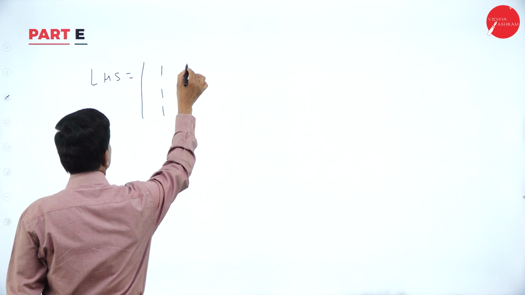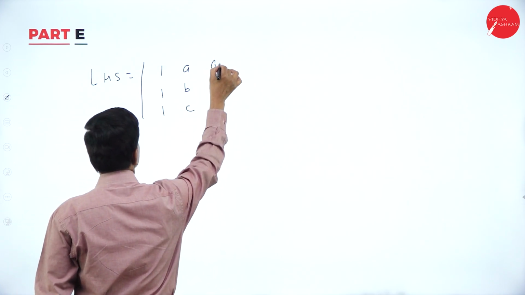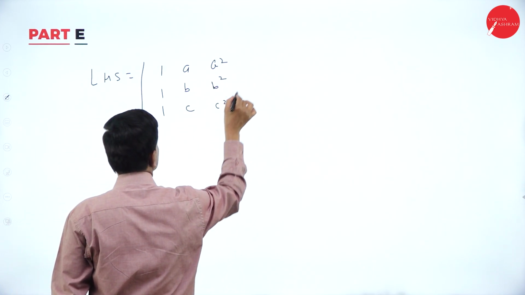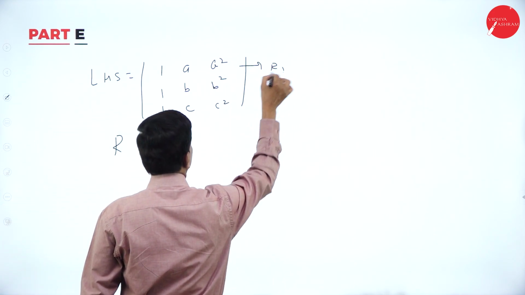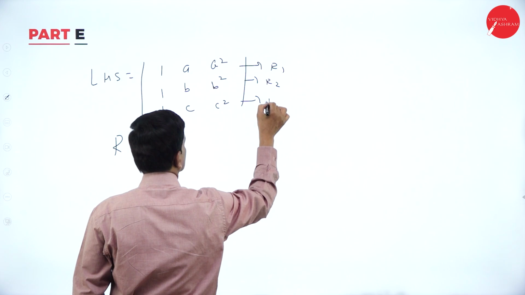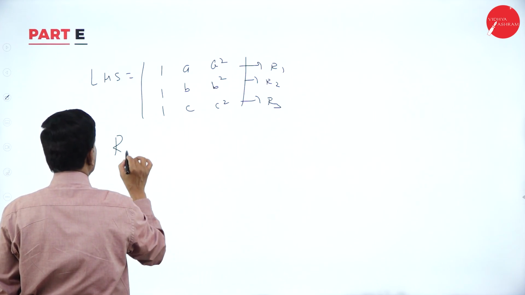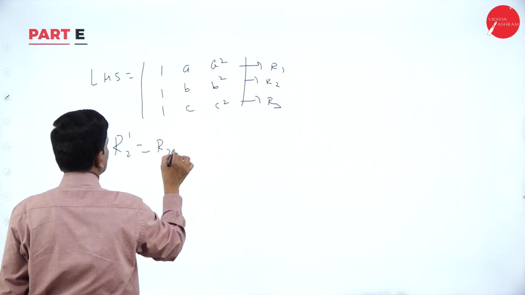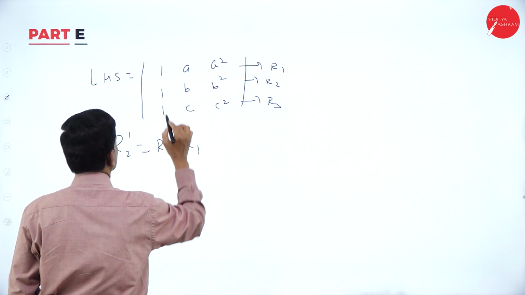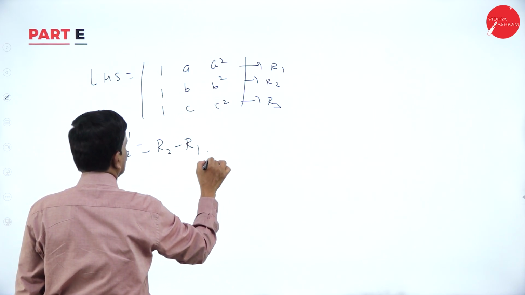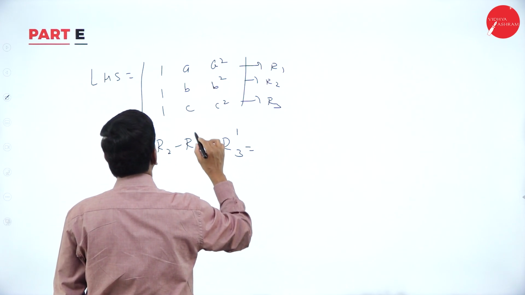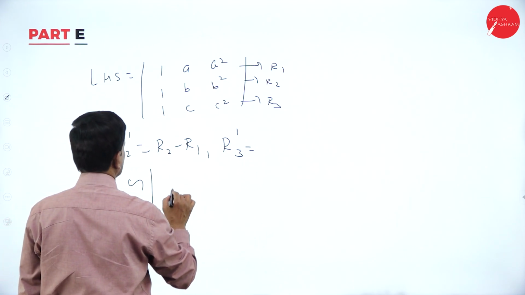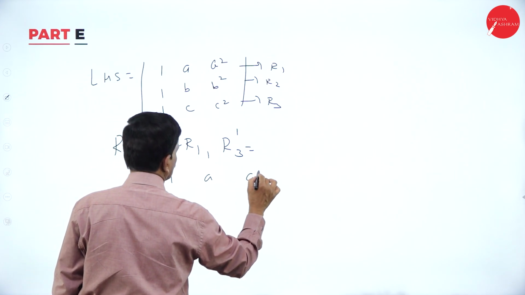Take LHS: 1, 1, 1; a, b, c; a square, b square, c square. Now let us take this is R1, R2, R3. Let us take R2 dash is equal to R2 minus R1, so b minus a. Similarly, R3 dash is equal to R3 minus R1. I will write first R1 same: 1, 1, 1.